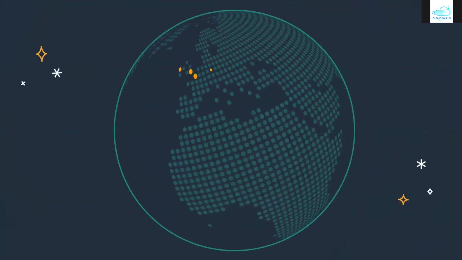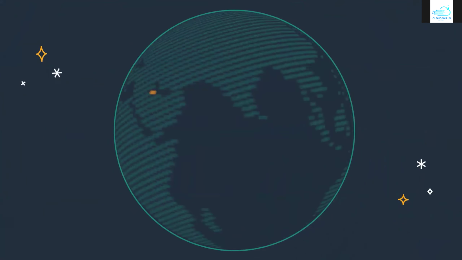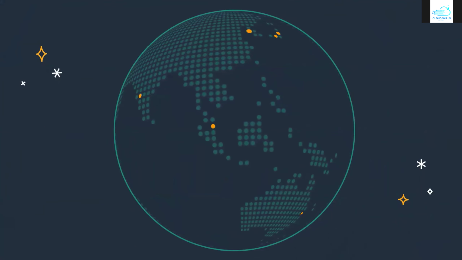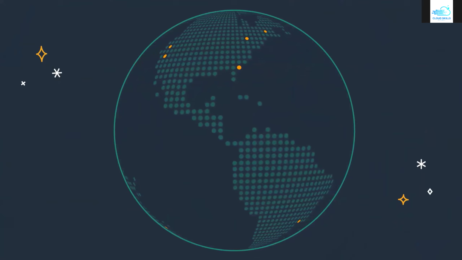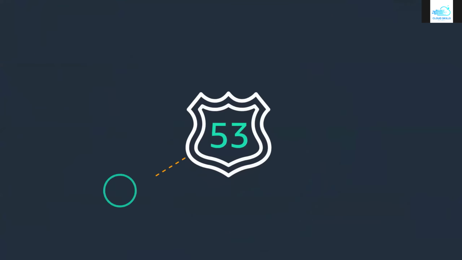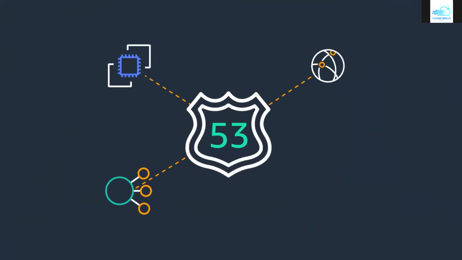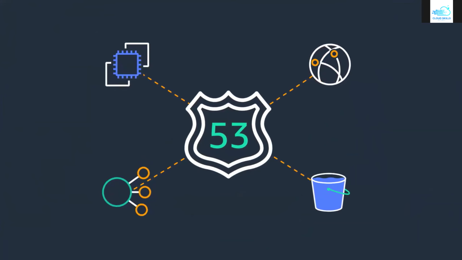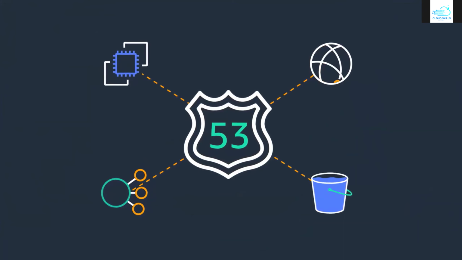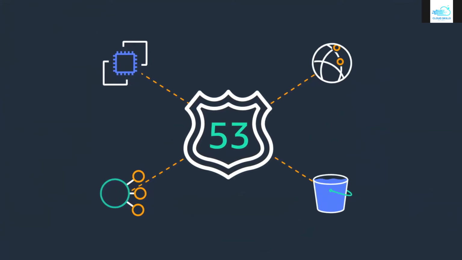Route 53 provides DNS service with 100% availability. The distributed nature of our DNS servers helps ensure a consistent ability to route end users to your applications. Amazon Route 53 integrates seamlessly with other AWS services and can be used to map domain names to load balancers, Amazon EC2 instances, Amazon S3 buckets, Amazon CloudFront distributions, and other AWS resources.